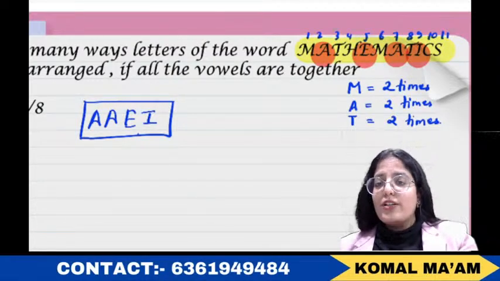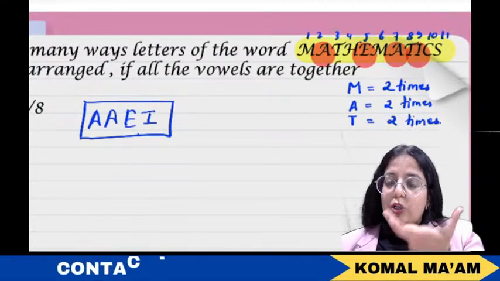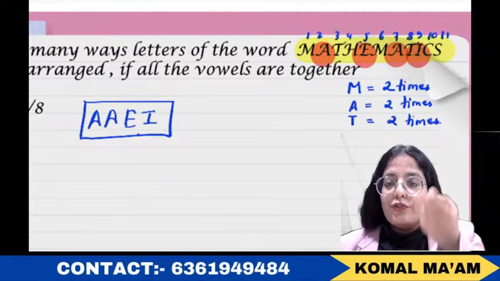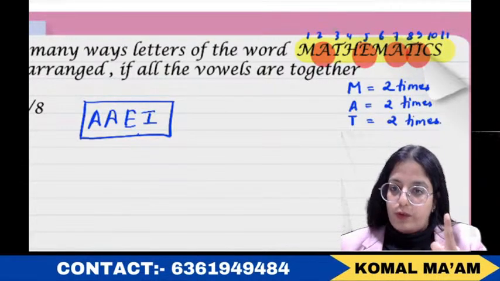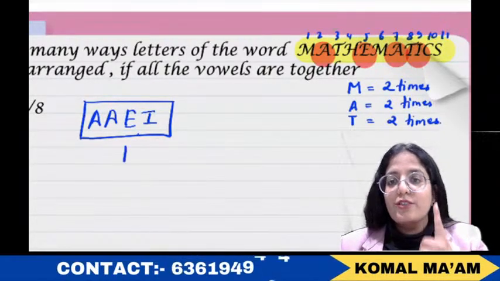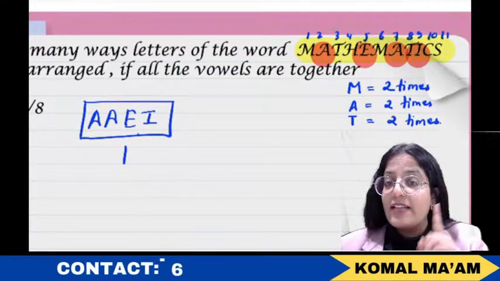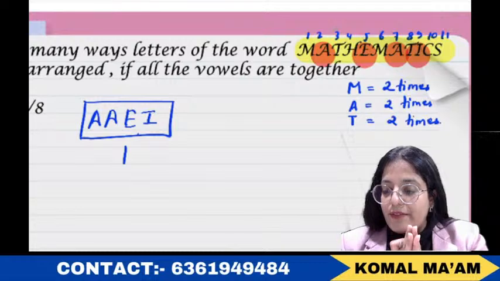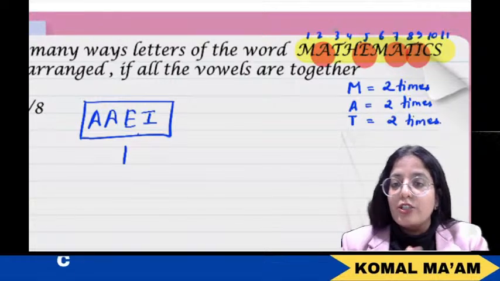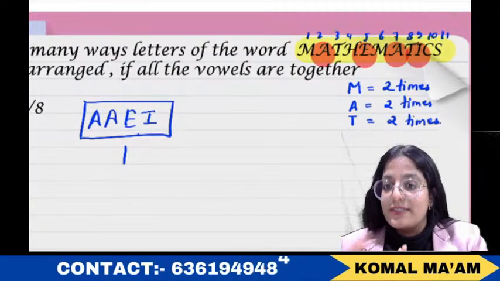So these 4 letters should come together. So what we will do, we'll take these 4 letters as one item. Now out of 11 letters, 4 are here. You are left with how many more letters? 7 more letters.